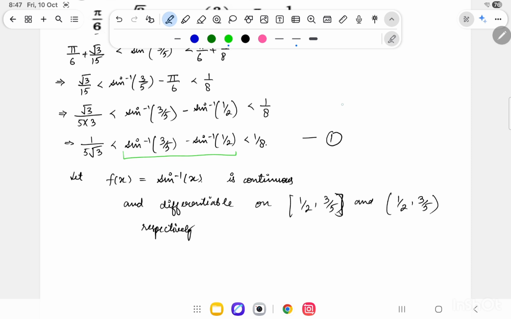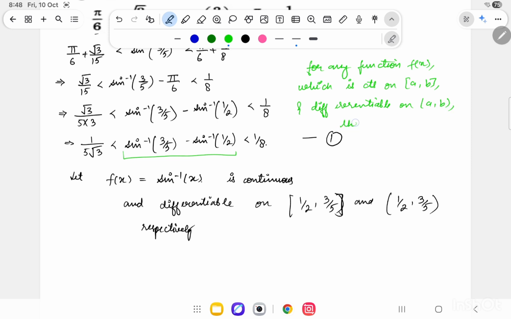the mean value theorem states, that for any function f(x) which is continuous on the closed interval a comma b and differentiable on the open interval a comma b, then there exists a c in the open interval a comma b such that f dash c is equal to f(b) minus f(a) divided by b minus a.